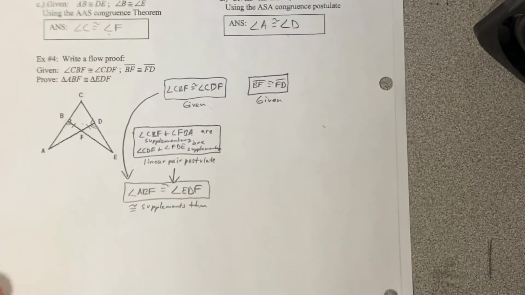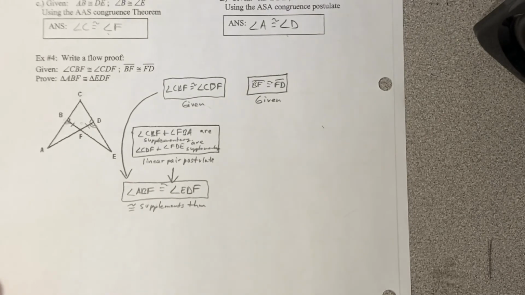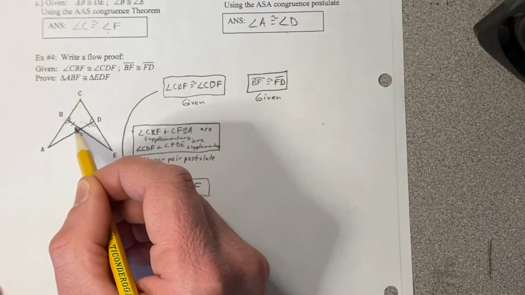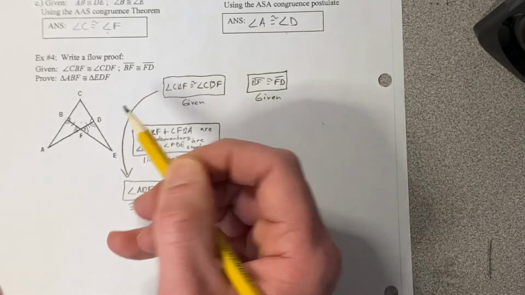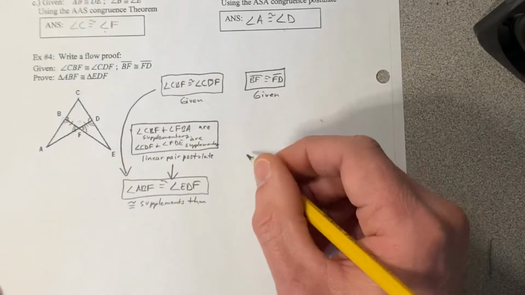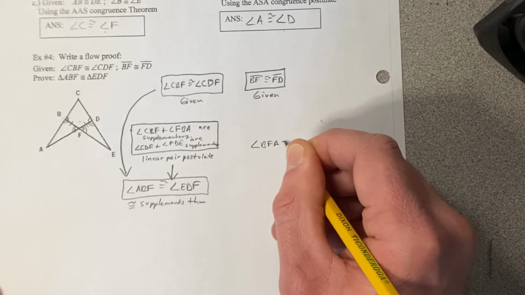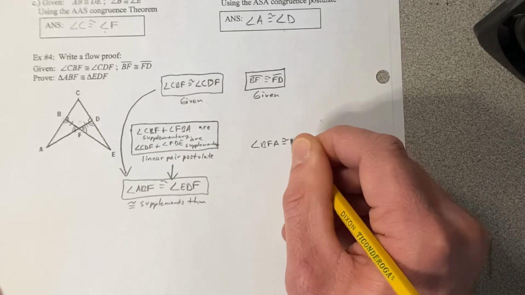And so far we have angle side, or side angle. We need to know one other set of congruents in order to prove these triangles are congruent. And I see it right here. We have angle BFA is congruent to angle DFE.